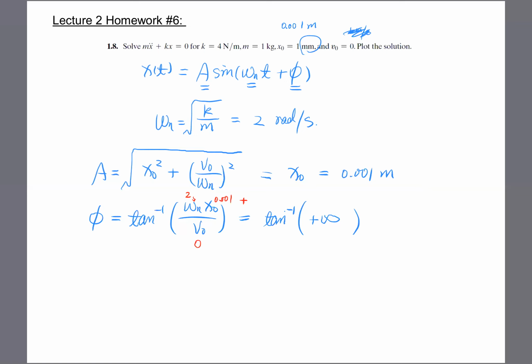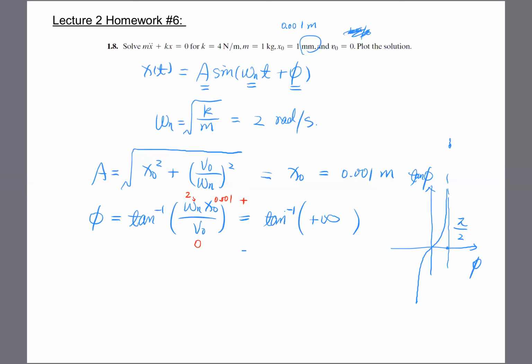If you recall the shape of your tangent function, that's your phi, that's tangent phi. If your tangent phi is infinite somewhere in here, then your phi value should be half pi.